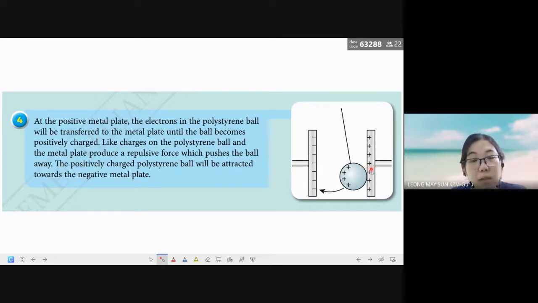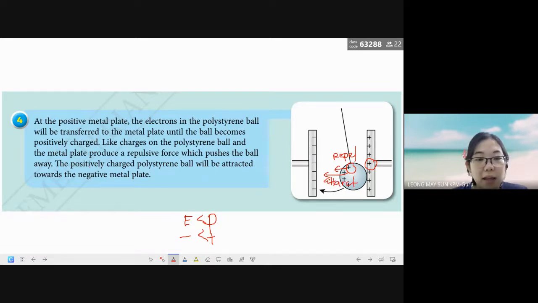When they move towards the positive plate, the number of electrons becomes less than the number of protons, so the number of negative charges is lesser compared to positive. This causes the ball to be positively charged. When it's positively charged, nearer to the positive plate, it will be repelled and attracted towards the negative plate.